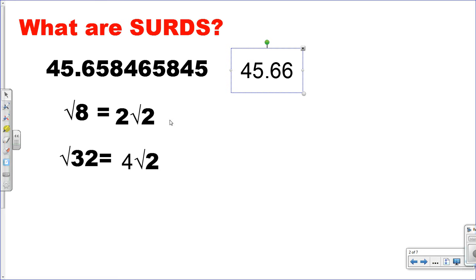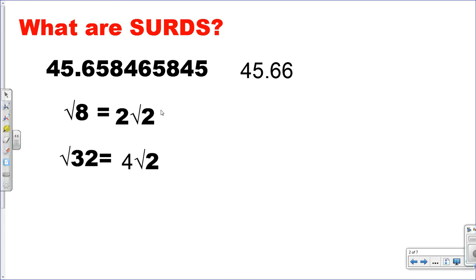What a surd will do is include all these numbers here, but just write it in this shortened form. Square root 8. The reasons I've got these written here, you'll find out in a minute. If you've got a scientific calculator with you and you were to write square root 8, you would see this appear in your calculator, 2 square root 2.